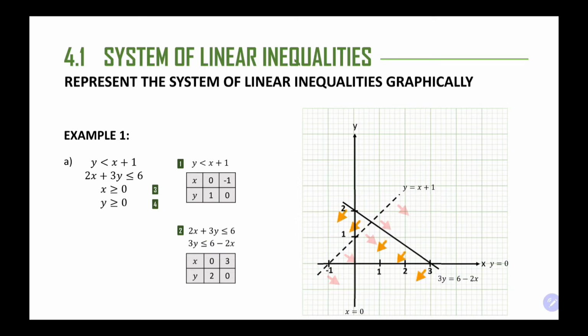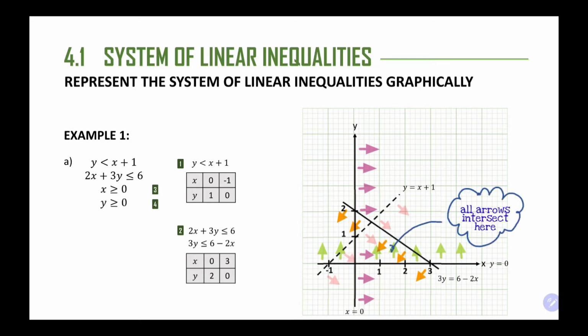For x greater than or equal to 0, the area on the right of the y axis exists. And for y greater than or equal to 0, the area above the x axis exists. Then we can conclude the feasible region is here.